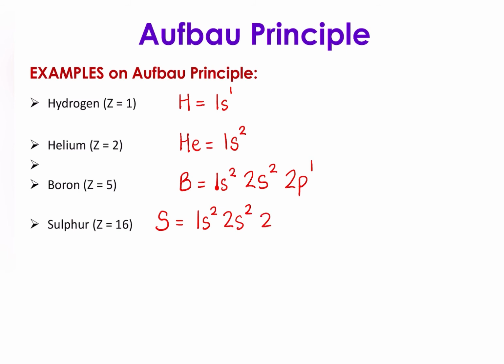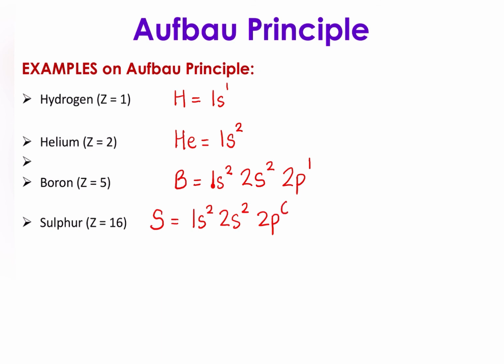And then 2p, maksimum untuk 2p adalah 6. So kenapa dia 6? Saya recap a bit. Kita ada p orbital, 3 orientations yang kita belajar, 3 drawing untuk px, py dan pz. Setiap px, py, pz boleh isi 2 elektron. So bila ada 3, 2 darab 3 sebab tu maksimum 6. So saya tambah 6. So total saya 2, 2, 6 dah jadi 10.